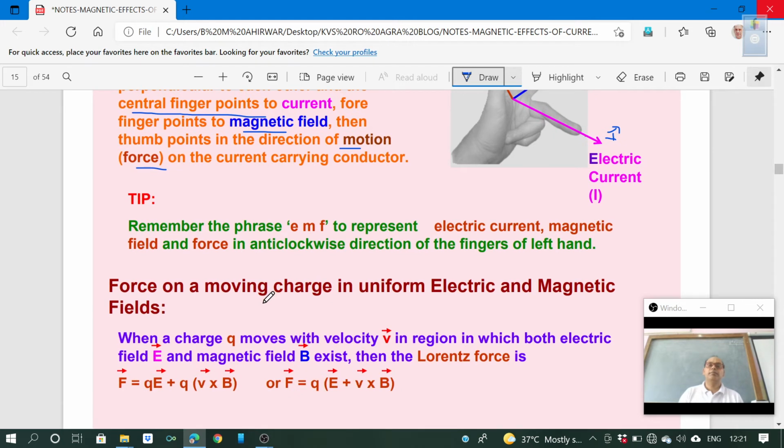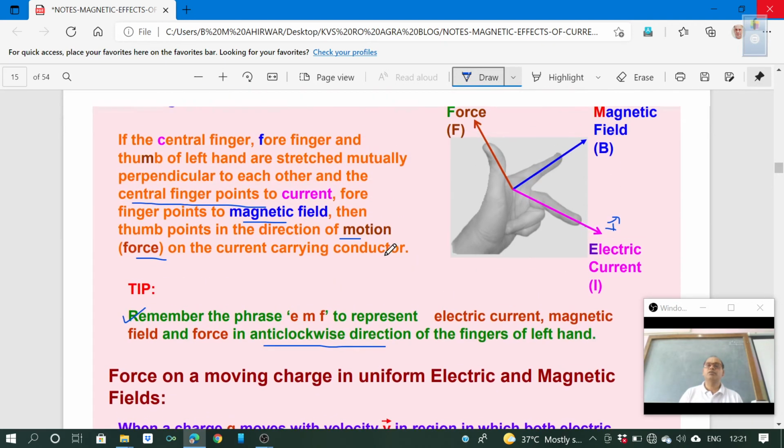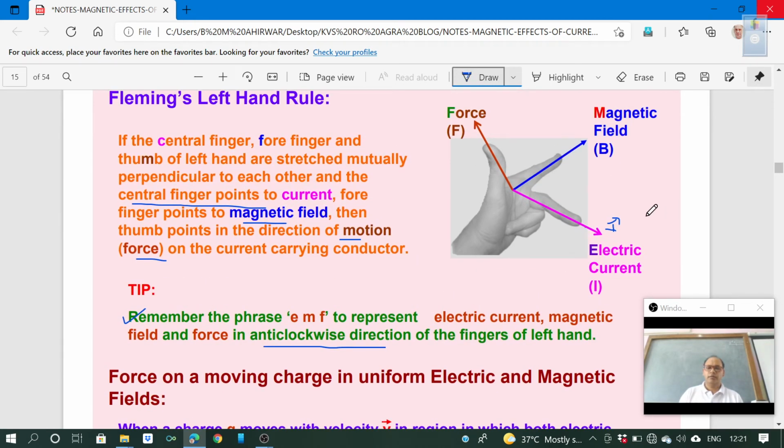In a simpler way, just remember the phrase EMF to represent electric current, magnetic field and force, in anti-clockwise direction of the left hand. You can also say VBF.